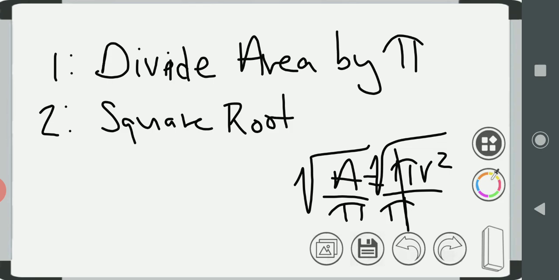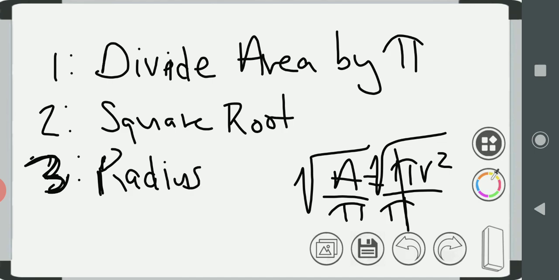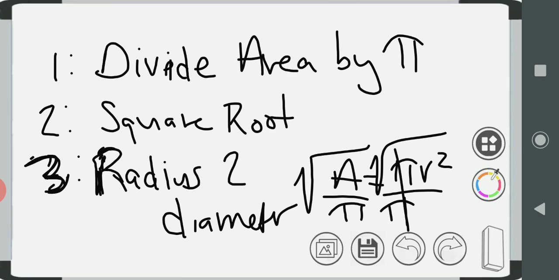Step 3, if we want to find the diameter, we take the radius times 2, and that gave us the diameter. You have to literally read in between the lines here, as it does not want to actually write today.